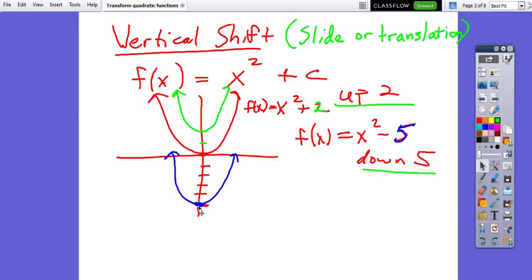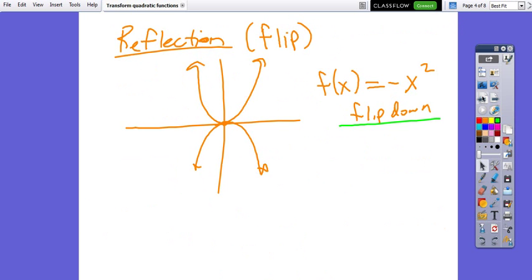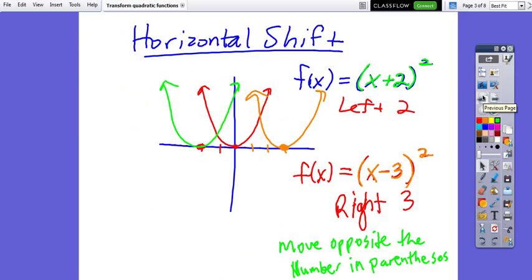The next type of shift that we have is a horizontal shift. Again, notice I've got 3 graphs up here, the middle one being our parent graph. The first function we're going to do is f of x equals (x plus 2) squared. Just like we've always seen, whenever we're dealing with something involving x, usually there's parentheses involved, and we took the opposite of what was in the parentheses.